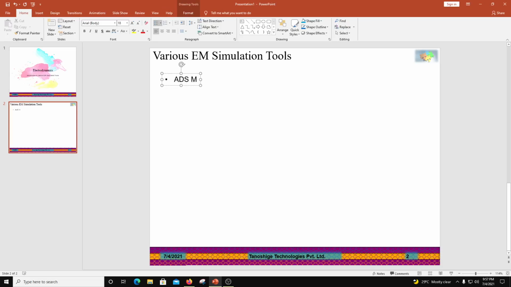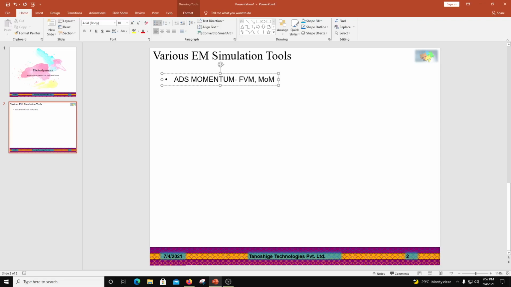ADS Momentum. Now this allows you FVM or FEM you can call, and MoM or method of moments, right? This can be used for planar circuits because the entry tool is planar.